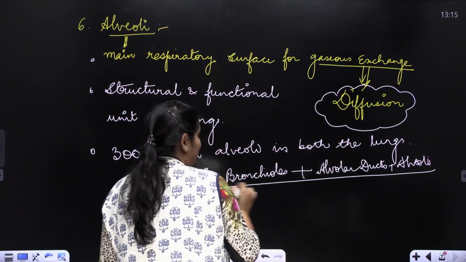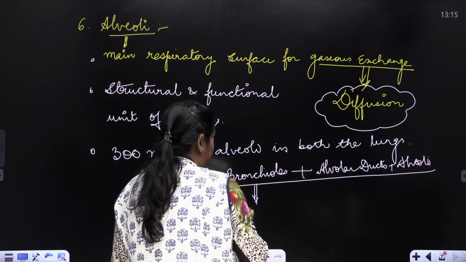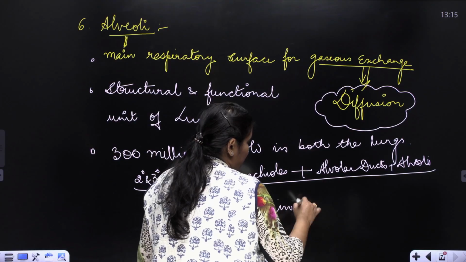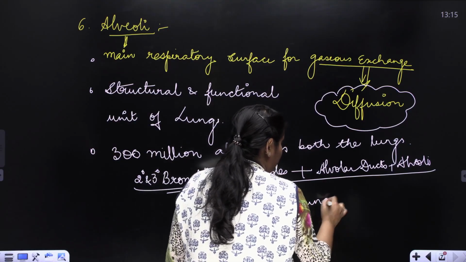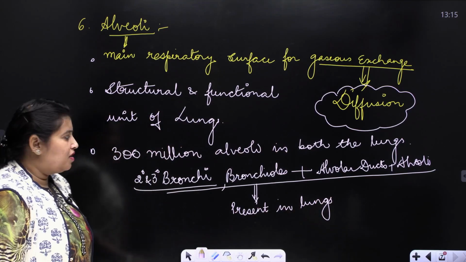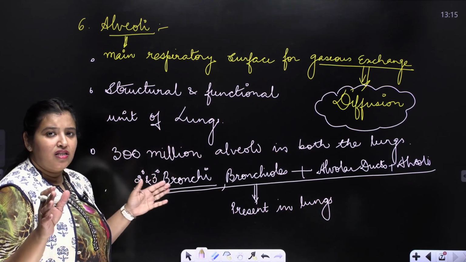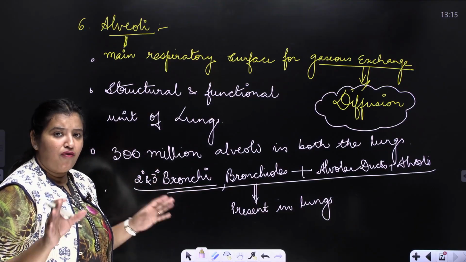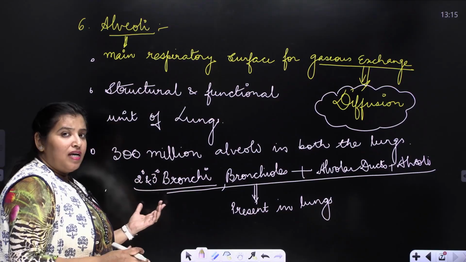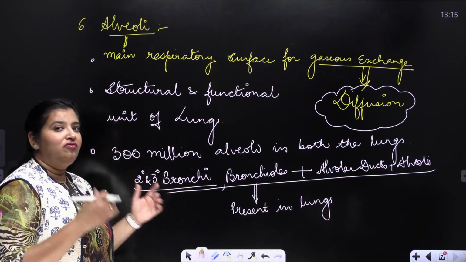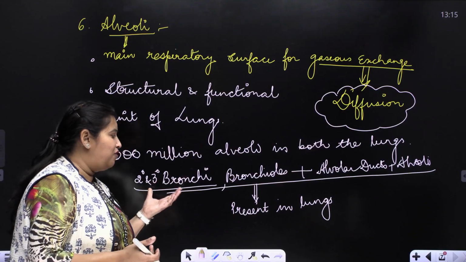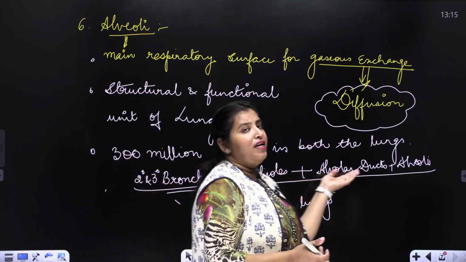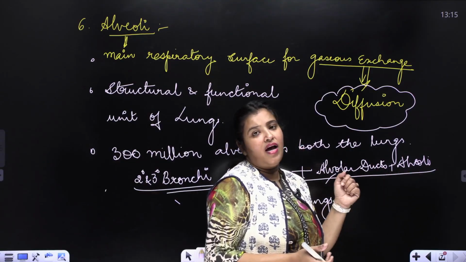They are collectively present in lungs. That is, our lungs comprise these structures. The trachea divides into two primary bronchi, entering the lung of its own side. Then inside, the moment it enters, it divides and redivides to form secondary and tertiary bronchi. Then they have bronchioles. Then finally the alveolar ducts and the alveoli.